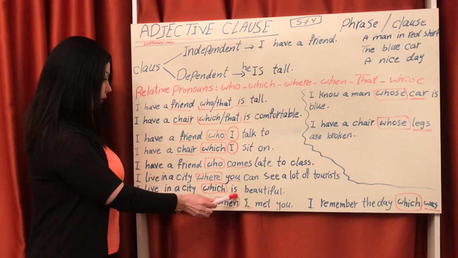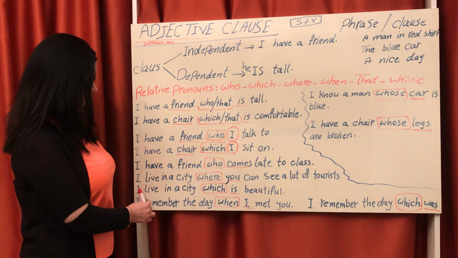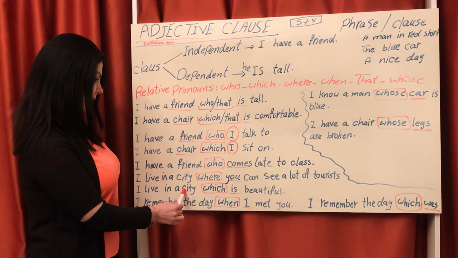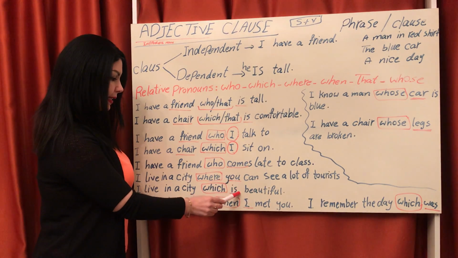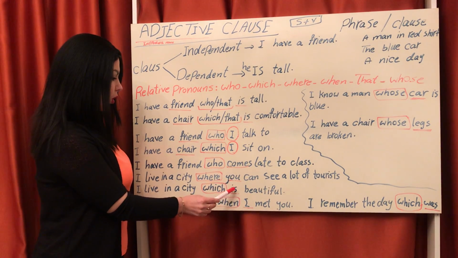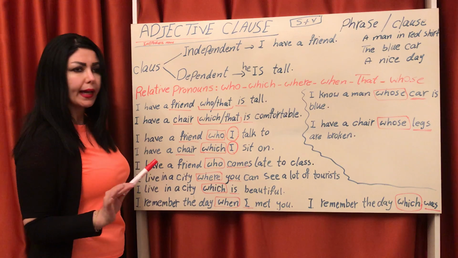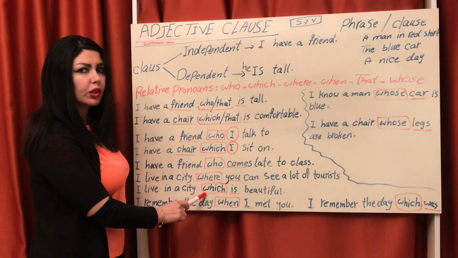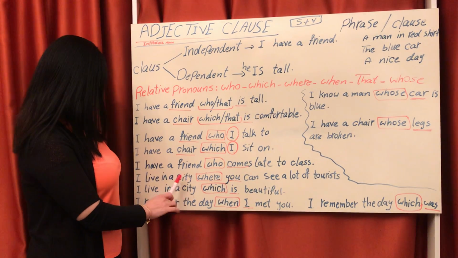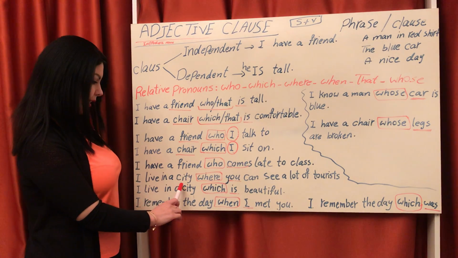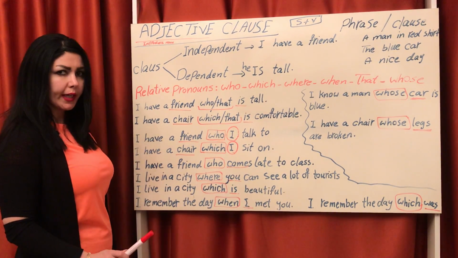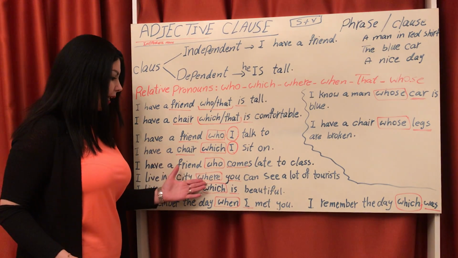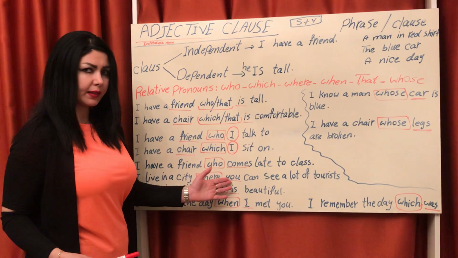If we have two clauses like this, I live in a city is beautiful, here we have is, a to be verb, so we can't use where. We use which instead of where. I live in a city which is beautiful. So after where we need a subject.